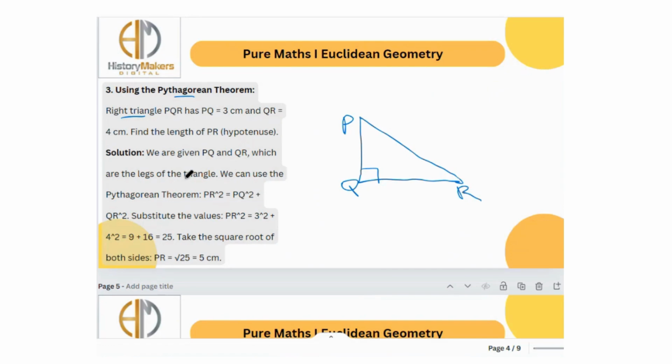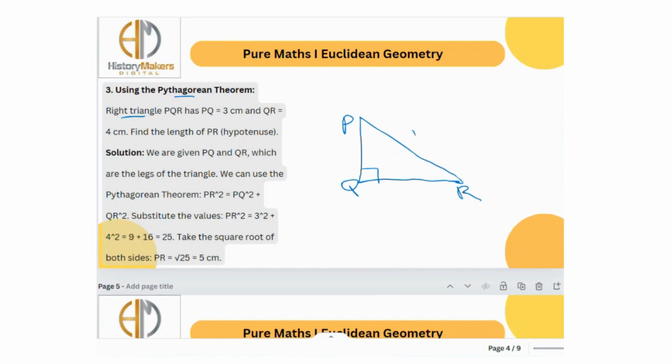And then we are given PQ and QR, which are the legs of a triangle. We can use the Pythagorean theorem, which is PR squared in this instance. So PR squared is going to be our side here.